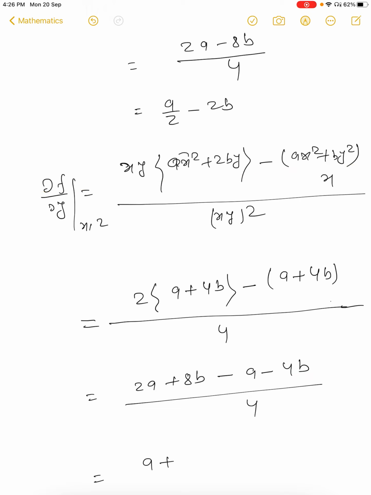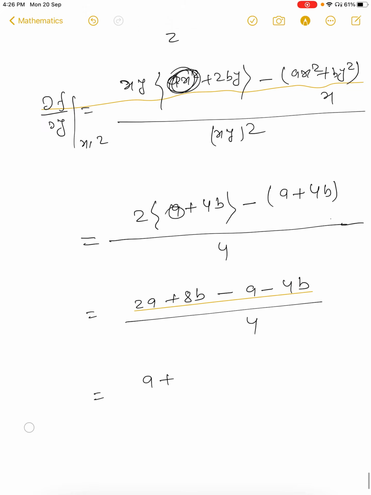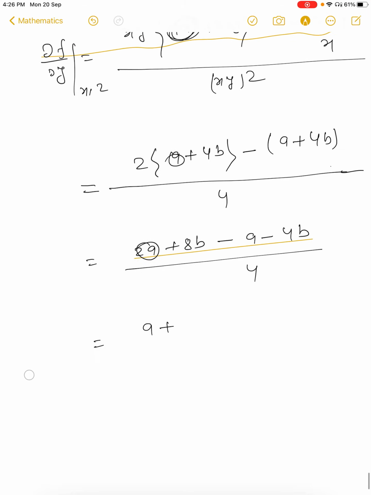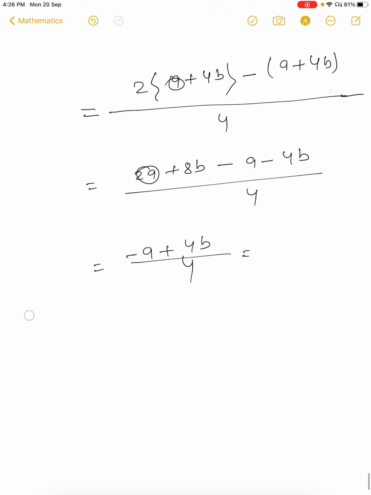So here you will get zero. This one is zero. So it will be minus a and plus 4b upon 4. So minus a by 4 plus b.